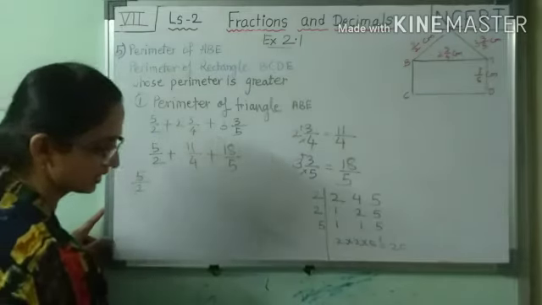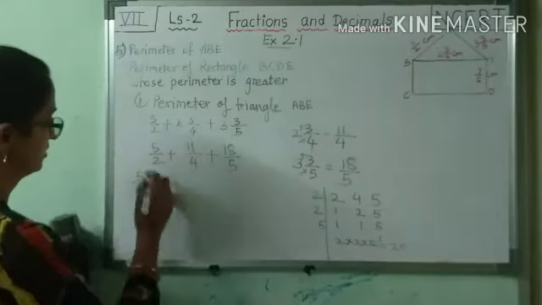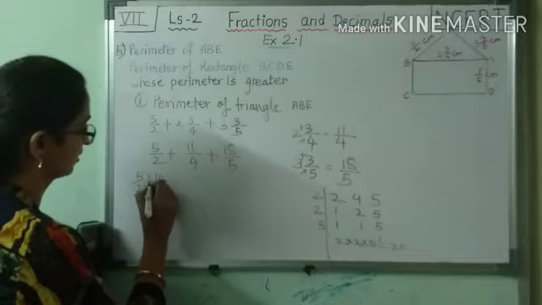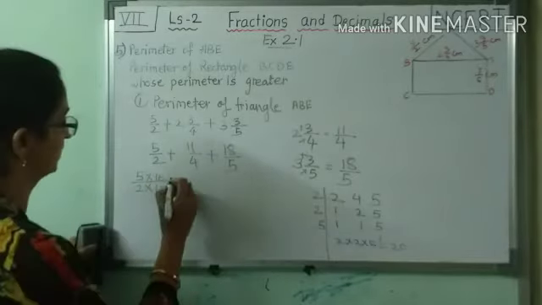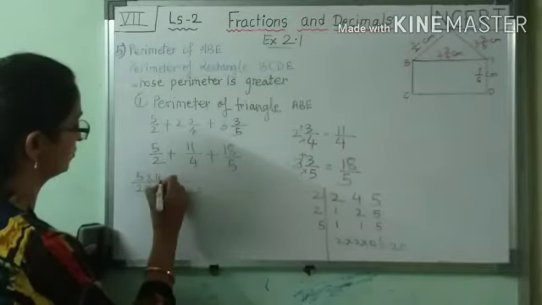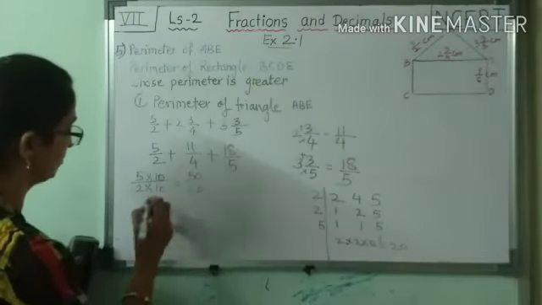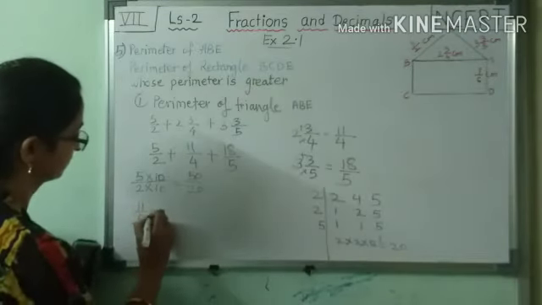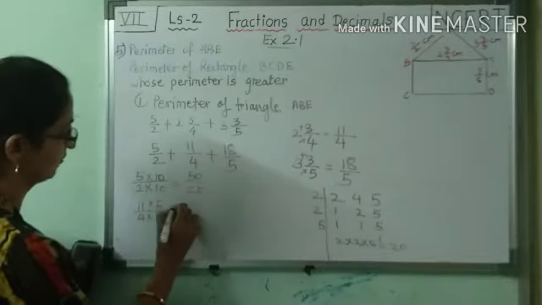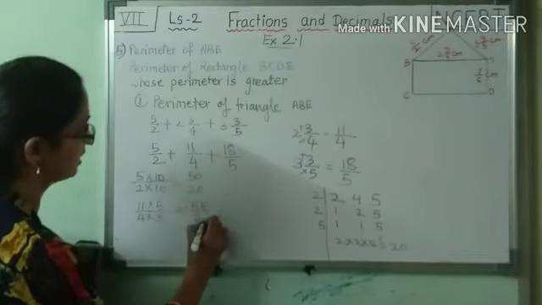Now we want 20 as a denominator. So in this fraction, multiply by 10 so that we get 20 as a denominator. So 2 10s are 20. Here also 5 10s are 50. Now second fraction 11/4. How will we get 20 here? By multiplying it by 5. 11 5s are 55. 4 5s are 20.